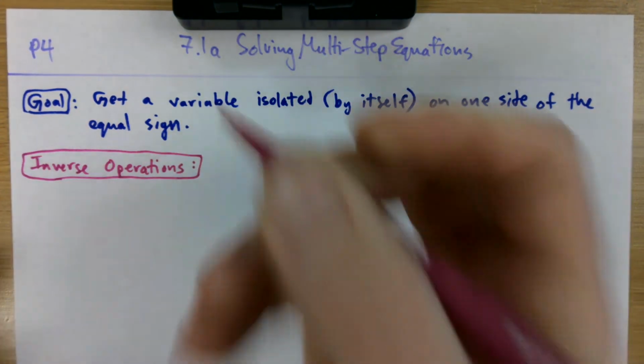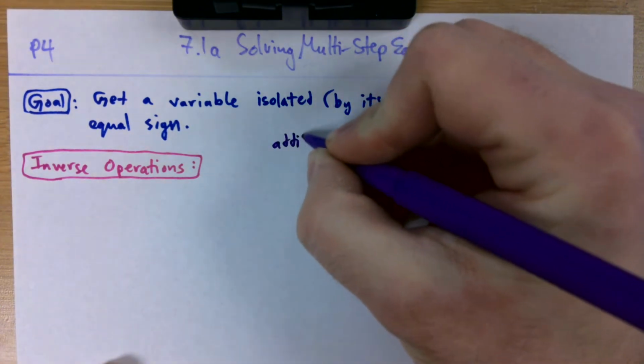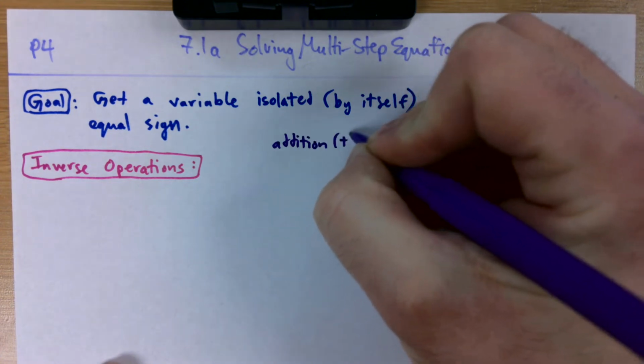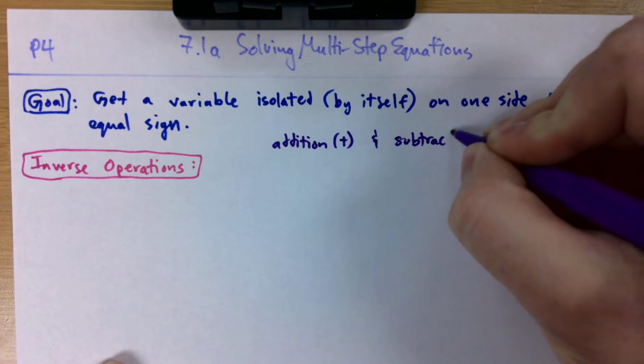And inverse operations are pretty simple. There's 4 operations that we have: addition, subtraction, multiplication, and division. So we have 2 sets of, of course, inverses. We have addition and subtraction.